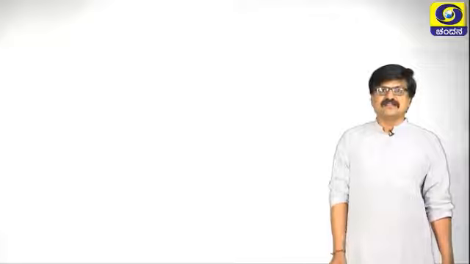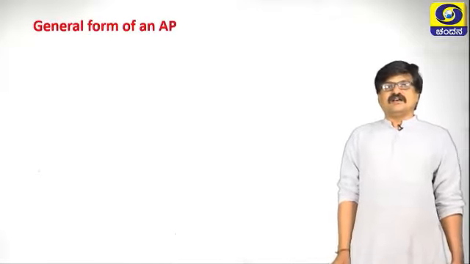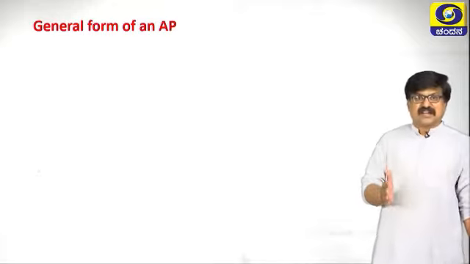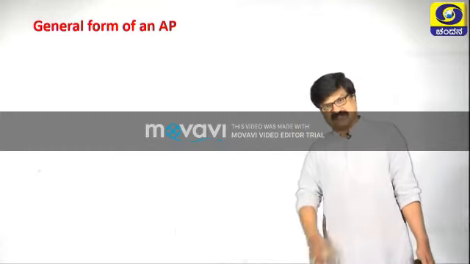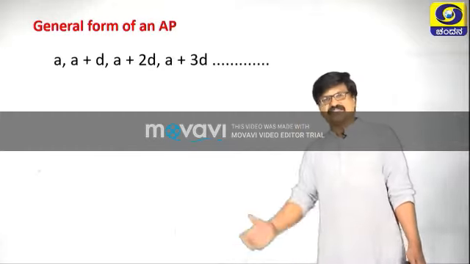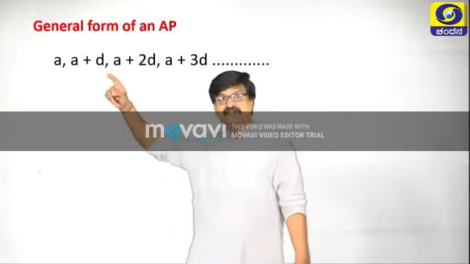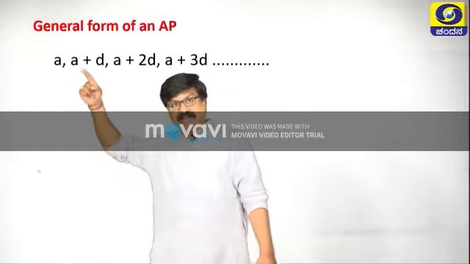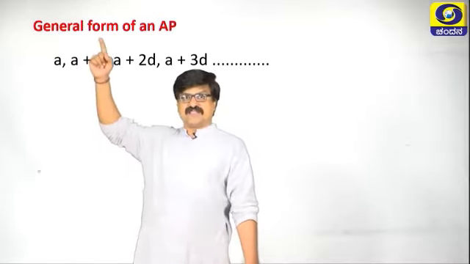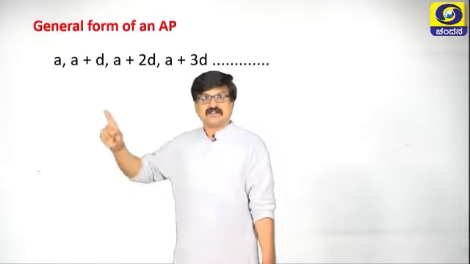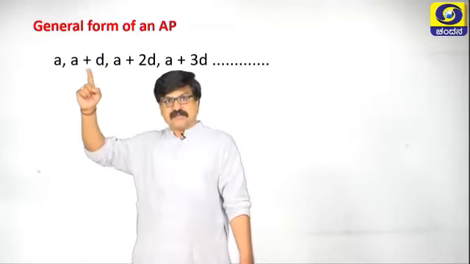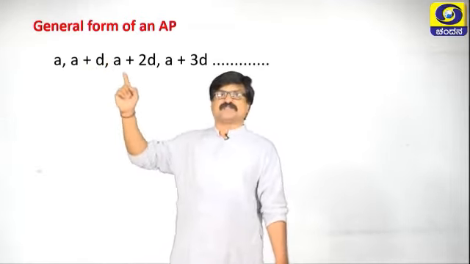Let us take the next part: how to write the general form of an arithmetic progression? It is very simple. Suppose you consider a as the first term. Add common difference d, and we get a plus d. For the second term a plus d, add d, and a plus d becomes a plus 2d.